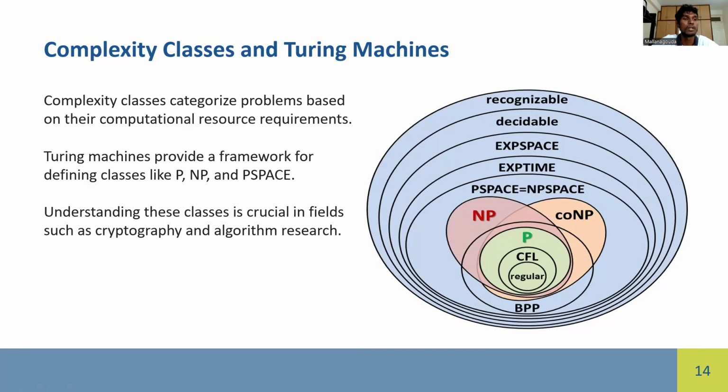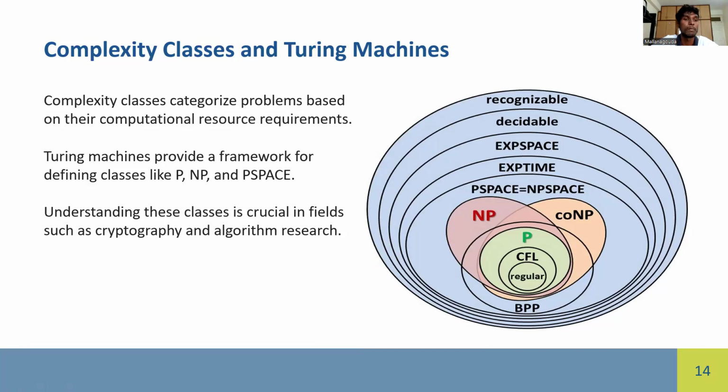Probabilistic Turing machine introduces randomness in transitions. Quantum Turing machine extends the classical TM to operate with quantum states and superposition. Oracle Turing machine incorporates an oracle to solve specific problems instantly, representing higher computational power.